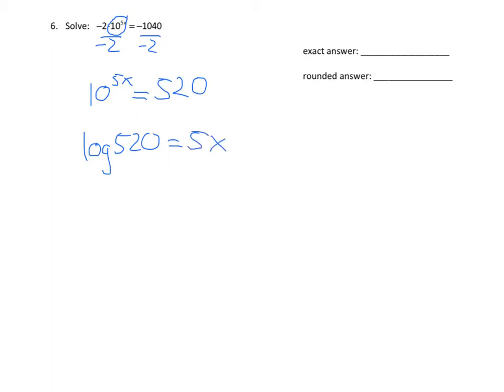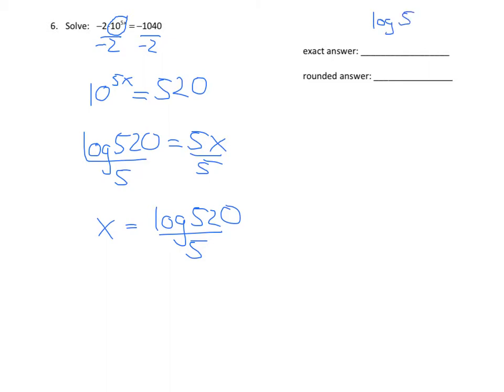And now it's in log form. And we're trying to solve for x, so to get x by itself, all I have to do is divide both sides by 5. So I get x equals log of 520 divided by 5. And that's a weird looking answer, but I have x by itself, and so that's the exact answer. Log of 520 divided by 5.